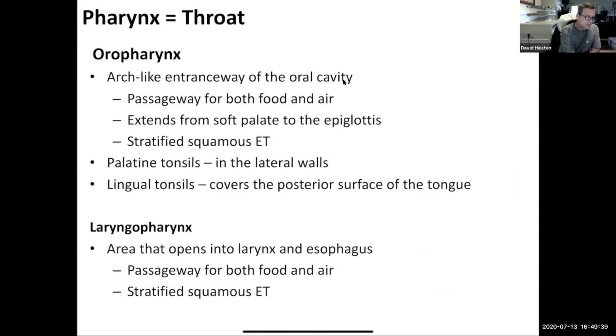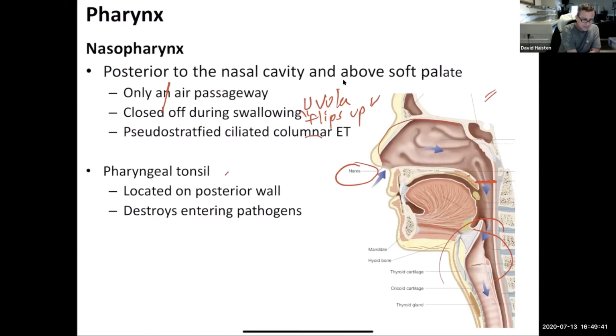Okay, your oropharynx, behind the oral cavity. Here the epithelial tissue is going to switch to stratified squamous because of abrasion resistance.